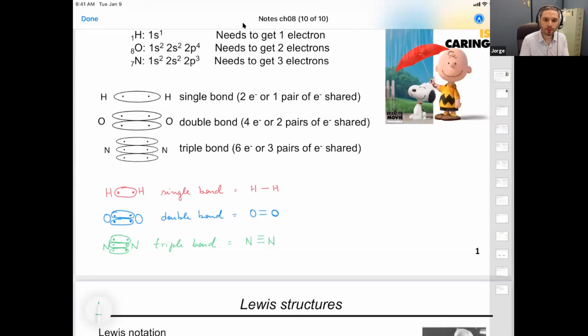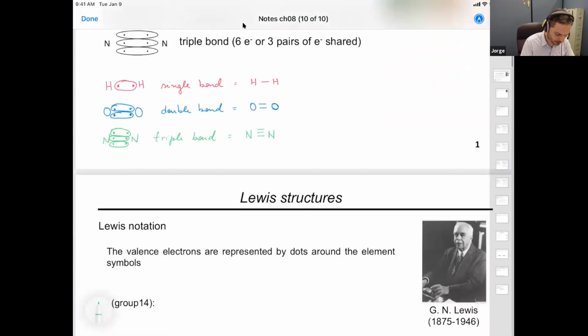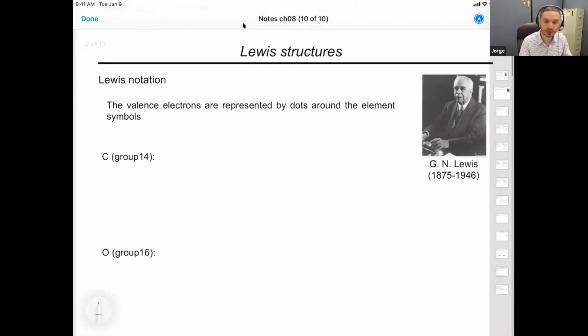Okay, so I started talking about how to represent the electrons using dots, and that's called Lewis notation. So let's show you a more complete Lewis notation and how we do that.